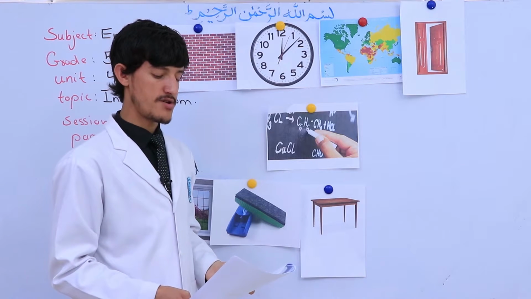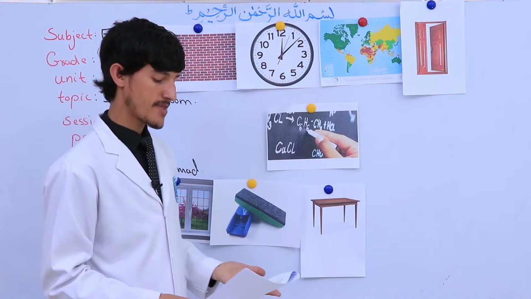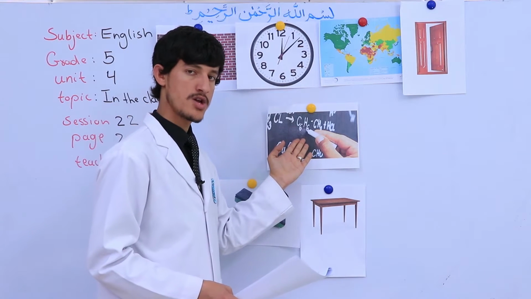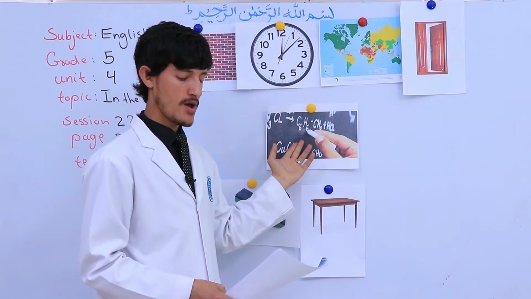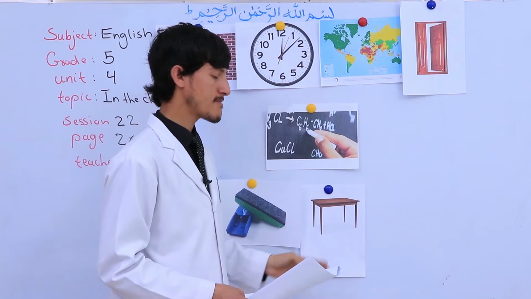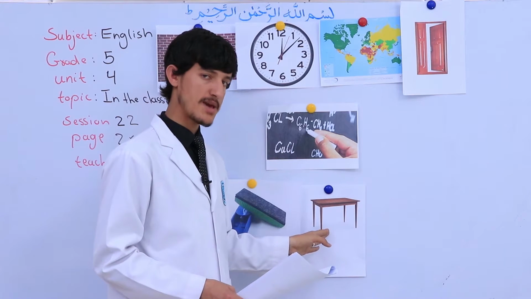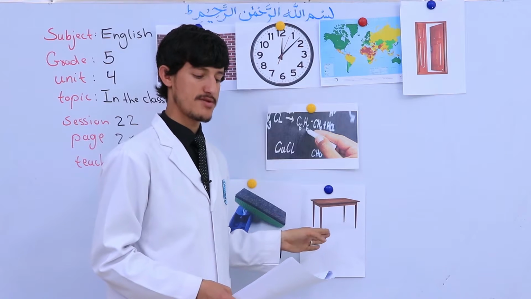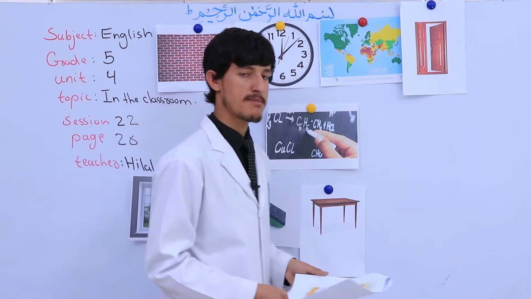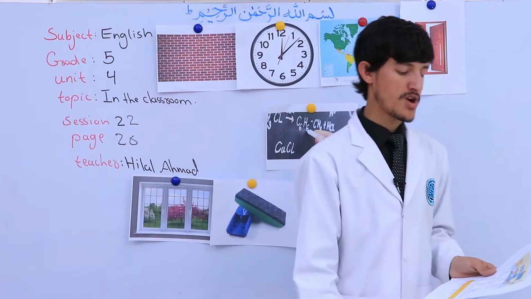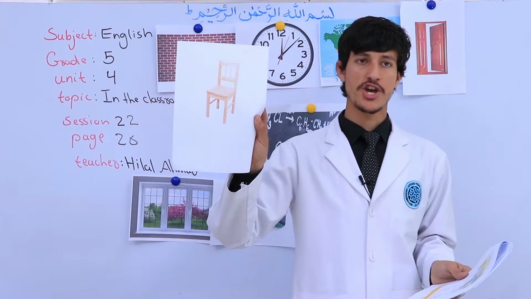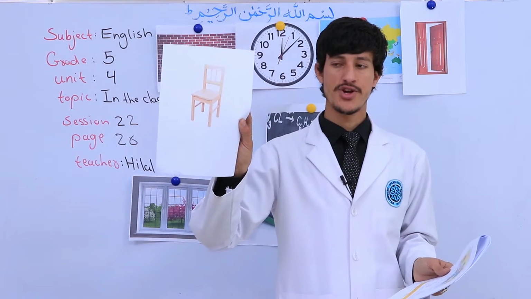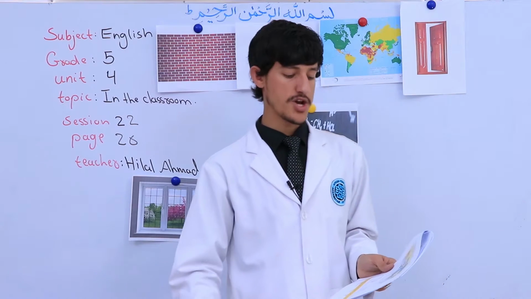And word number 7, chalk, chalk, tabashir. Word number 8, table, table. And word number 9 is chair, chair, chair.